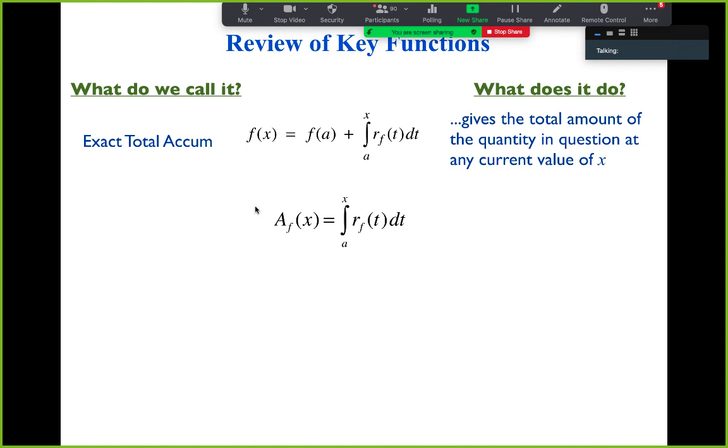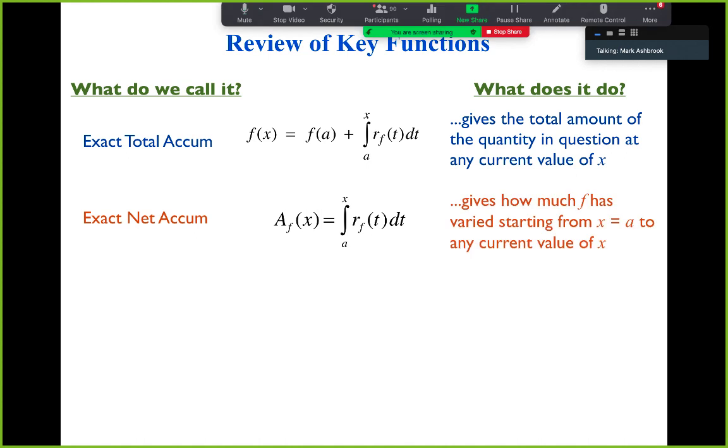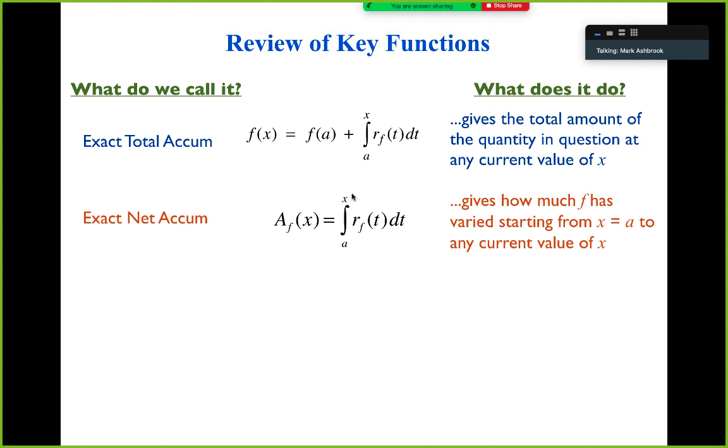And then this one was our exact net accumulation. What did that tell us? It gave us how much f has varied starting from x equals a up to any current value of x. So it's net accumulation, meaning how much change in the quantity's value since some starting point, a.